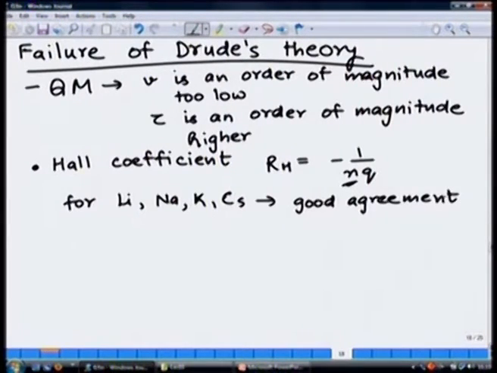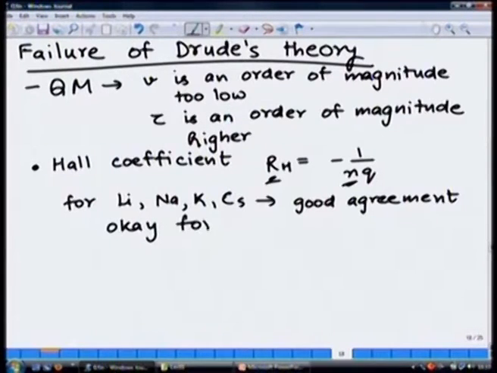That means, you calculate R_H based on n, I have shown you the calculation for n, you calculate n for lithium, sodium, potassium, cesium, etc., substitute in there, calculate what R_H is, also measure R_H through Hall measurement, and you will find that there is very good agreement between theory and measurement, which says that Drude theory works.